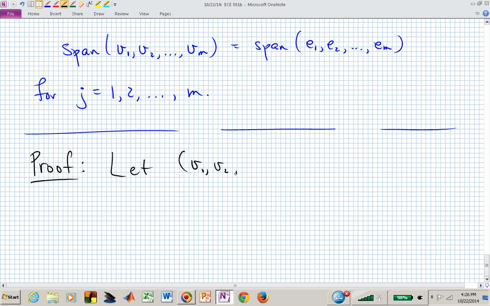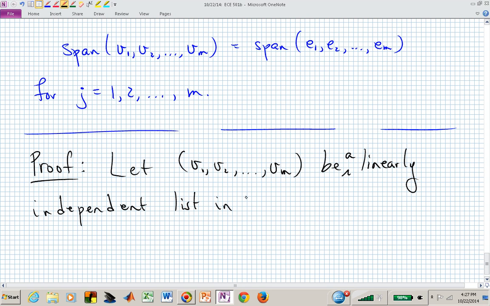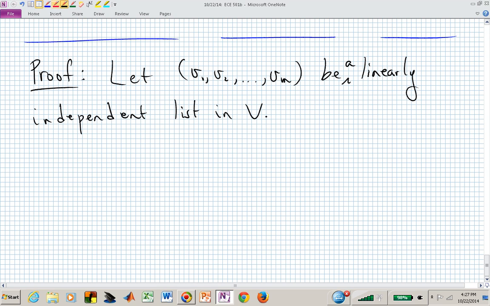Let v sub 1, v sub 2, up to v sub m be a linearly independent list in our vector space V. And now we're going to do this construction by induction.